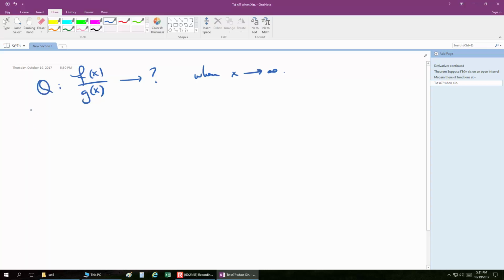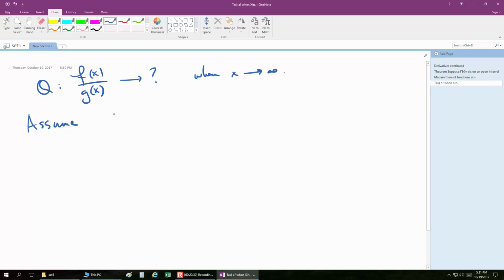So let's make these assumptions about these two functions. I'm afraid I'm looking at the wrong place. This is supposed to be at infinity, not at c. That has nothing to do with c; that's a typo here.